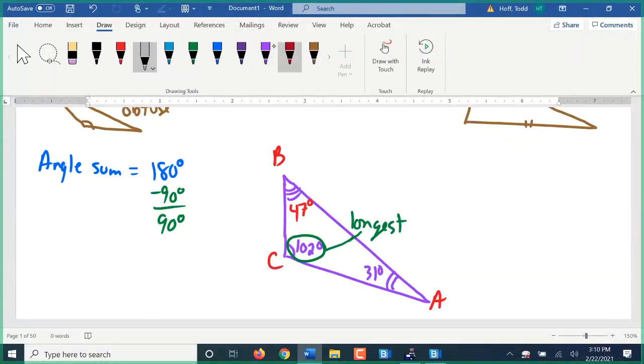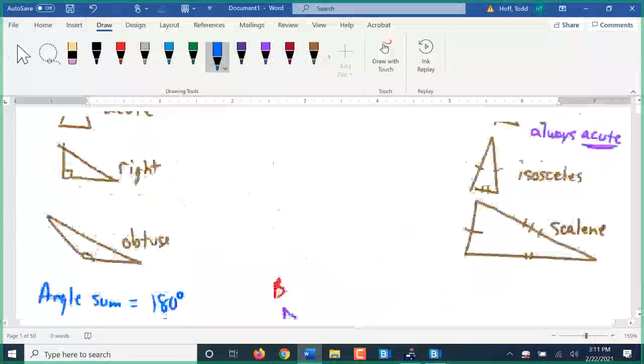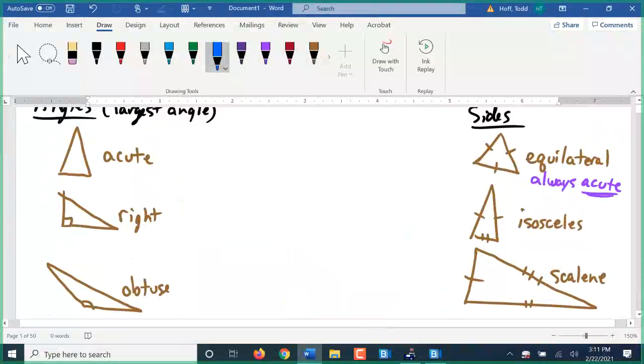Then, of course, the smallest side would have to be the one opposite the 31 degrees, the smallest angle. So that brings us back to an equilateral triangle. Which angle has to be the smallest?